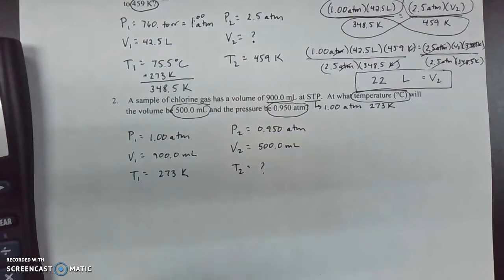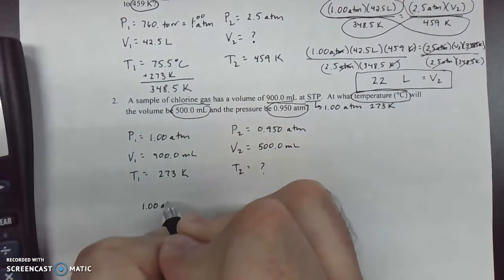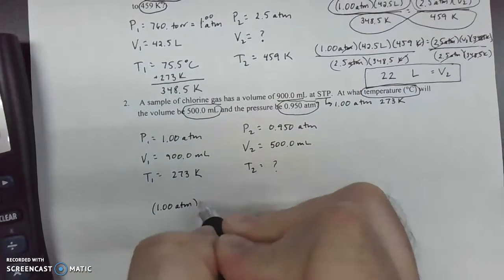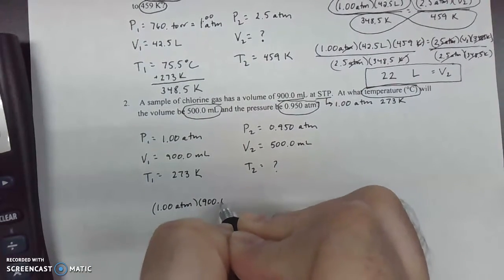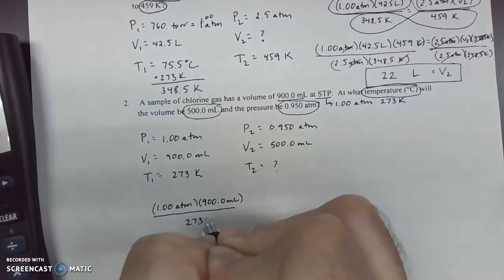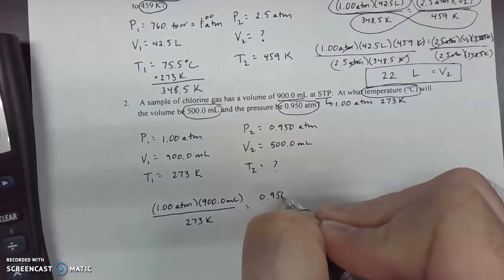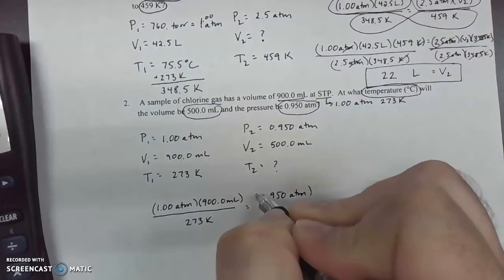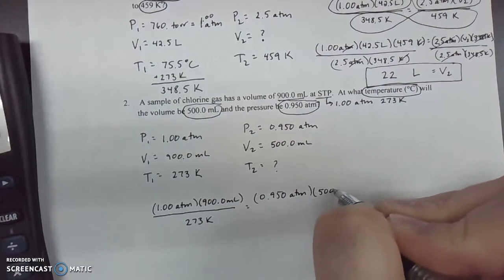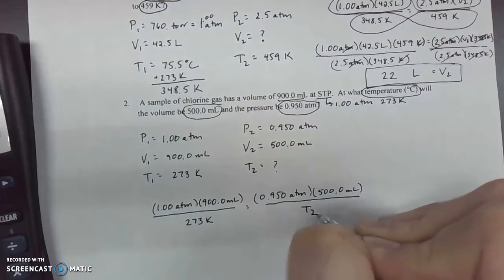So I'm going to plug these values all into my equation. P1 times V1 all over T1 is equal to P2 times V2 all over T2.